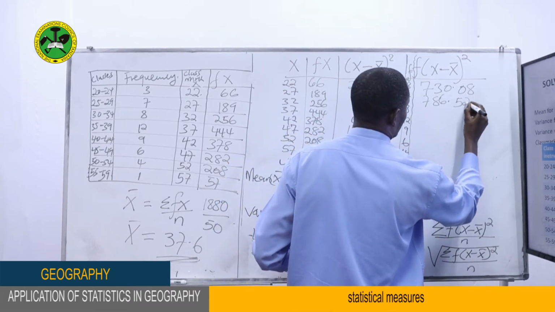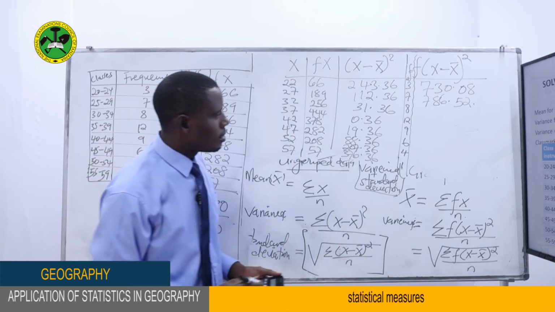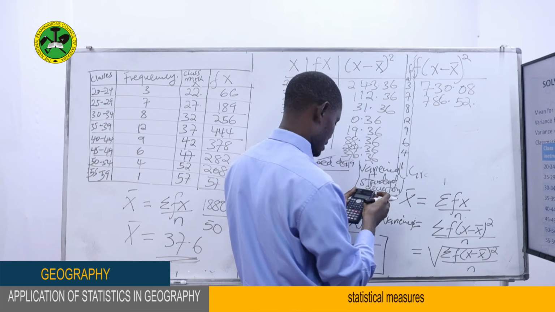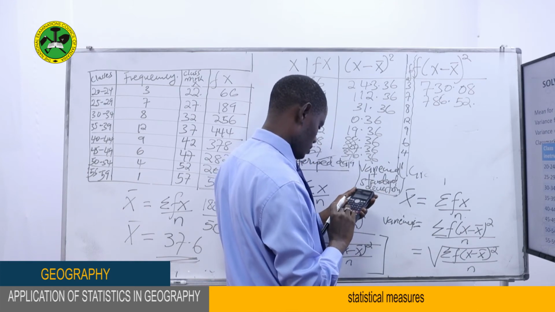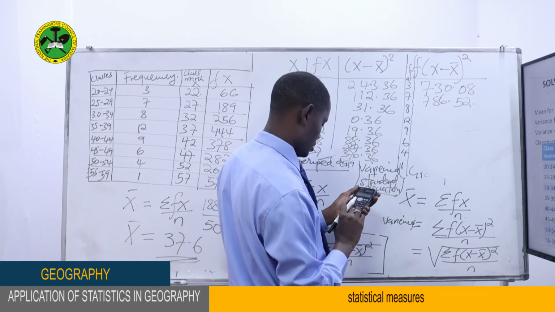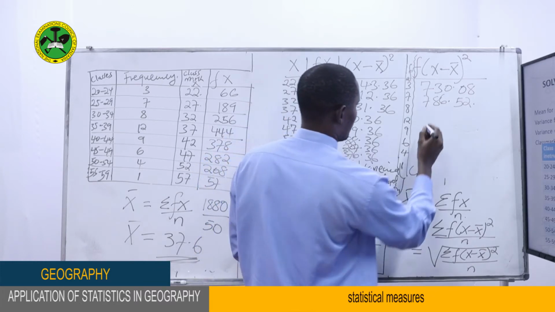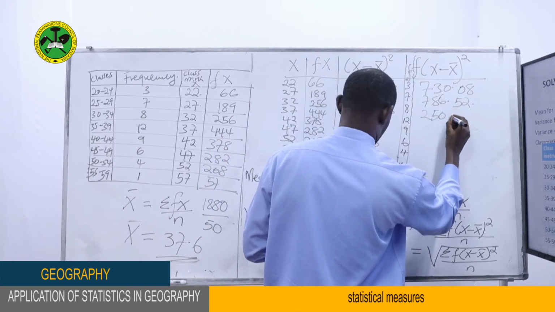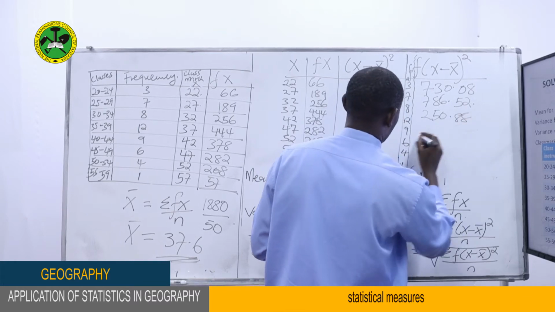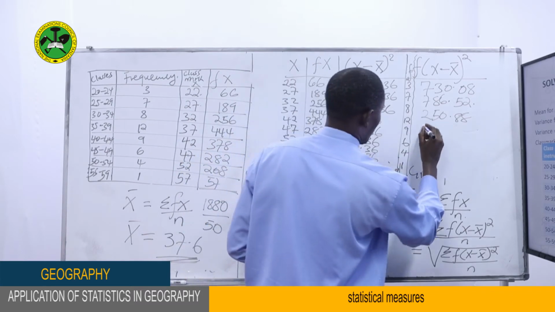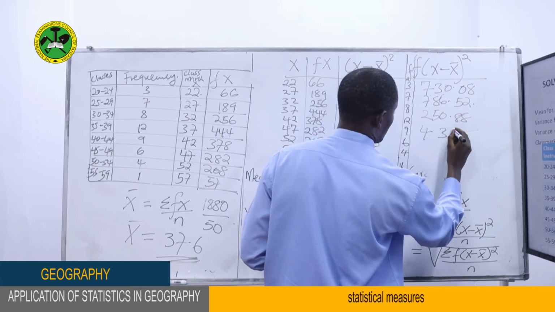The next one, we take it times the frequency and then you come up with 786.52. Again, when you go to the next one, that is 31.36 times 8, then you come up with 250.88. The next one, you'll come up with 4.32.